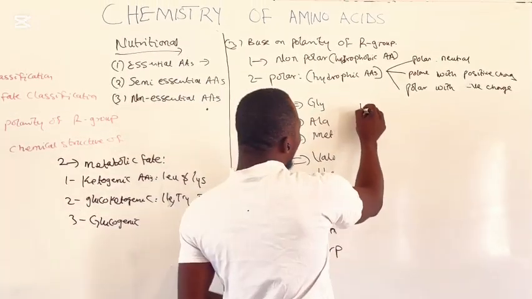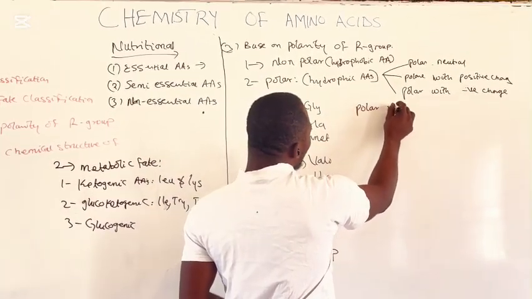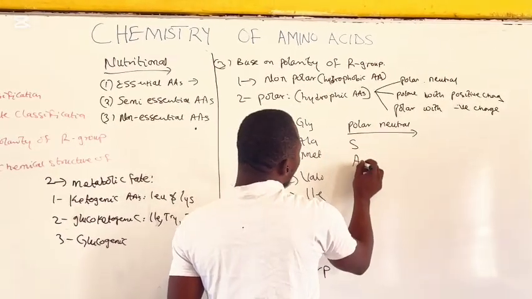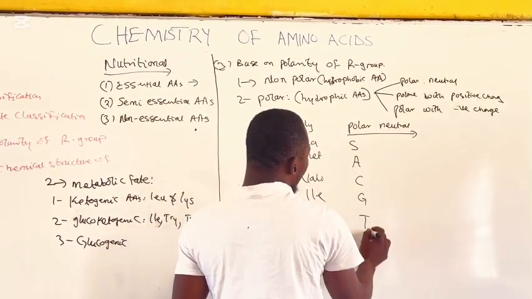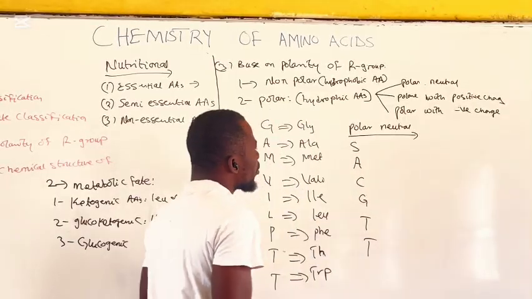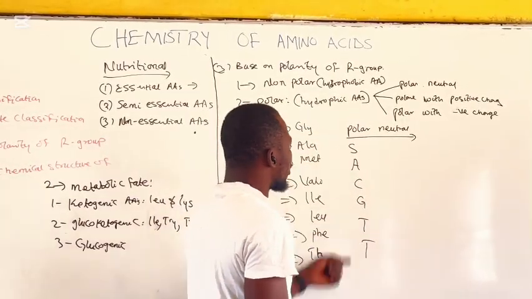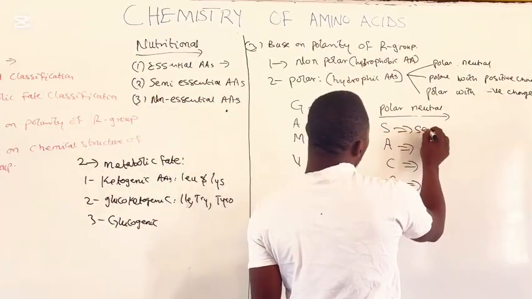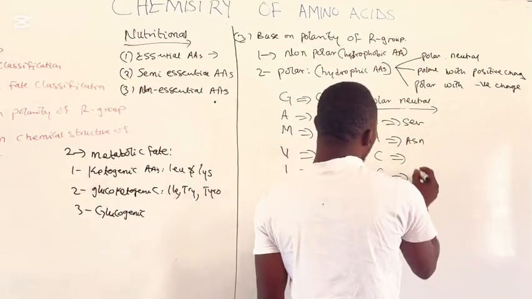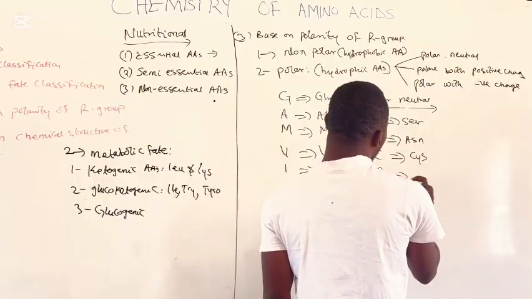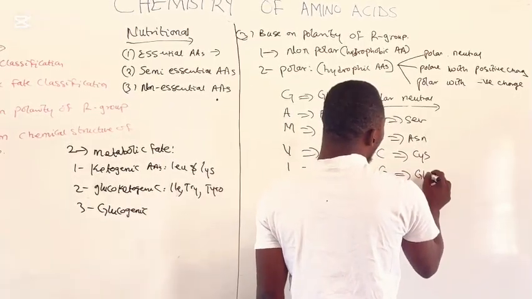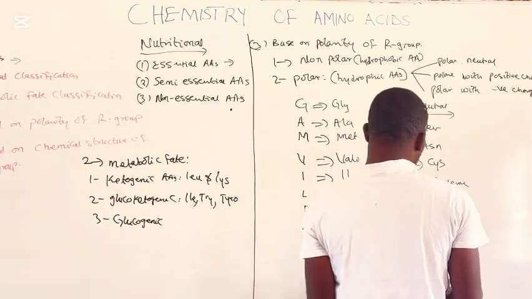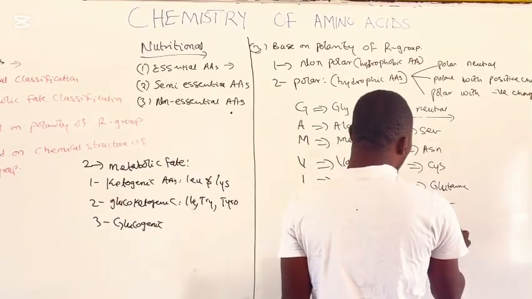The polar neutral amino acids can be remembered using the mnemonic SAC GT squared, where S is serine, A is asparagine, C is cysteine, G is glutamine, T is tyrosine, and the last T is threonine.